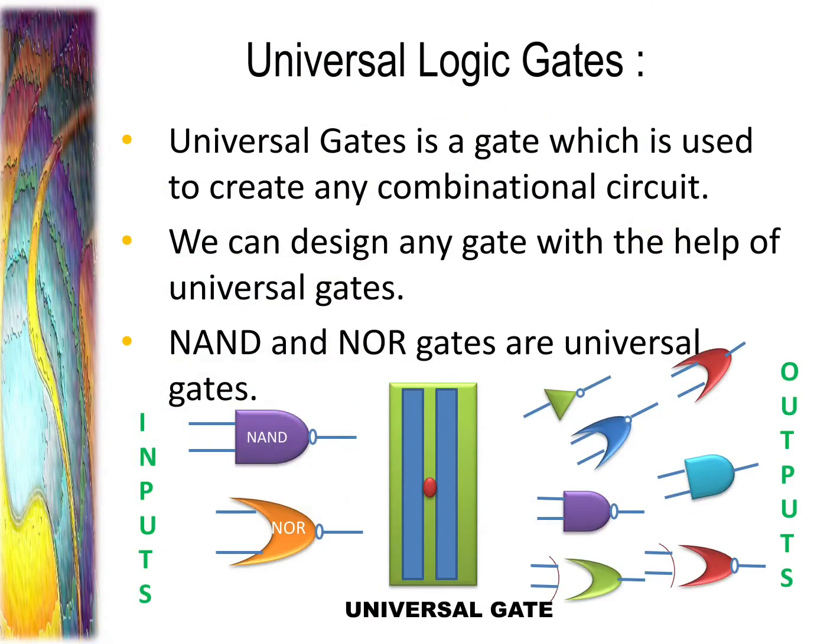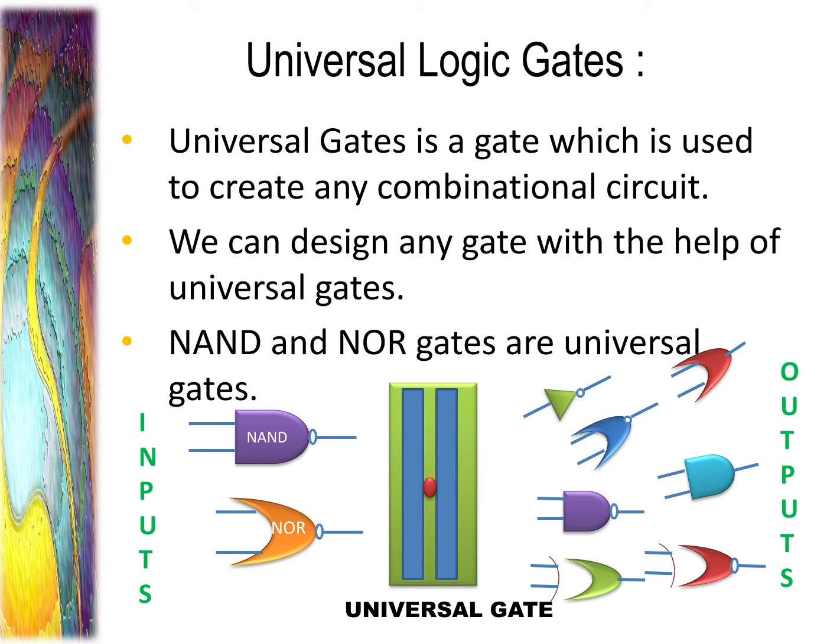And see the definition of universal gates. Universal gates are the logic gates which are used to create any combinational circuit. It means we can design any circuit, any expression, any Boolean function, any gates from these universal gates.